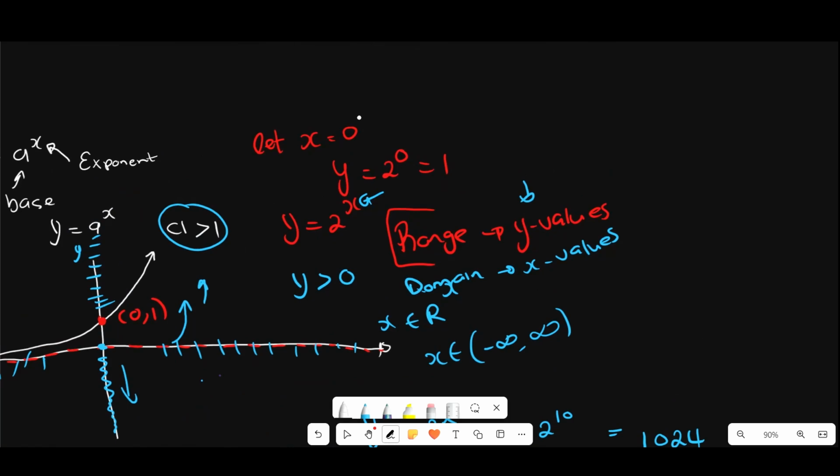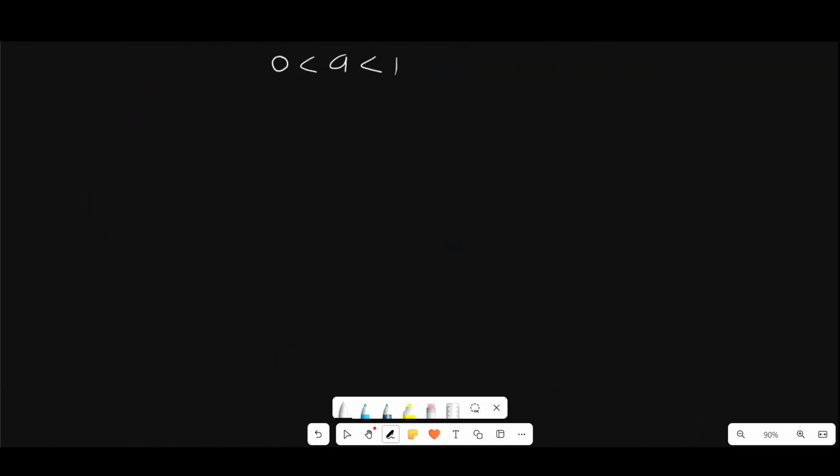Here in the earlier case it was greater than 1. Okay, let's look at an example. Let us say my y is equal to 1 over 2 raised to the power x, right? Let's look at this.